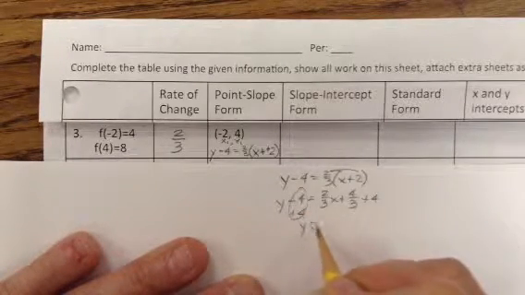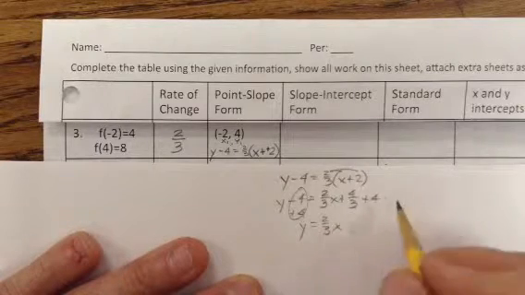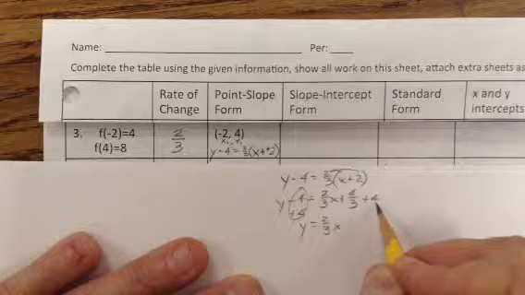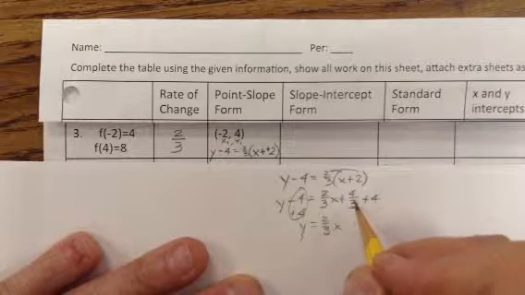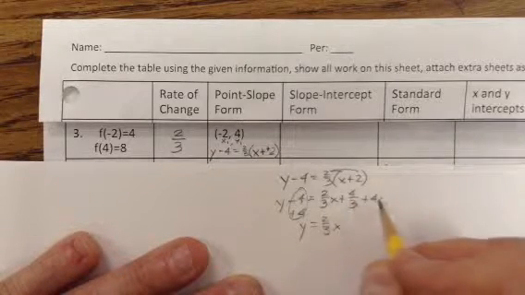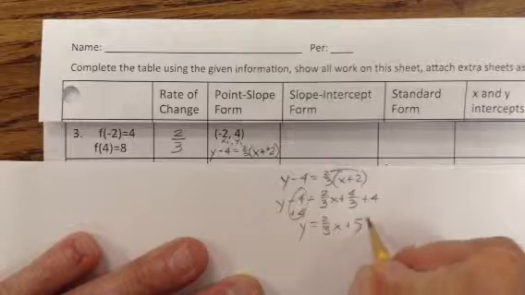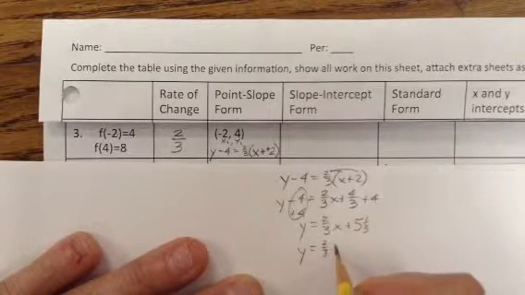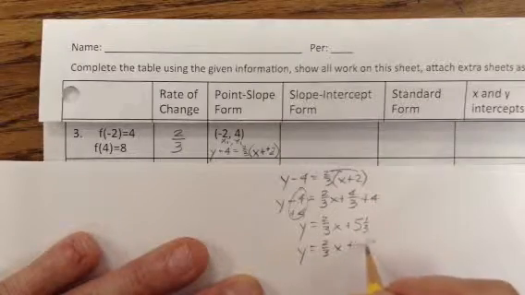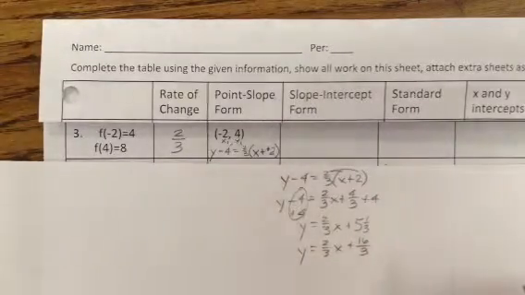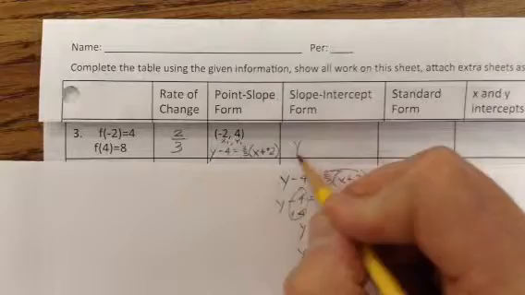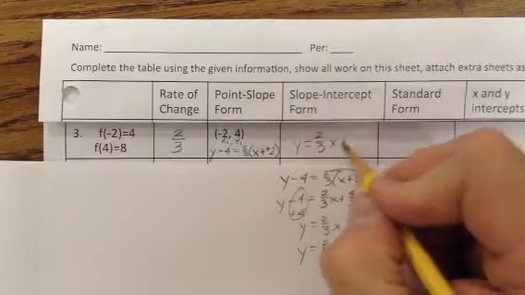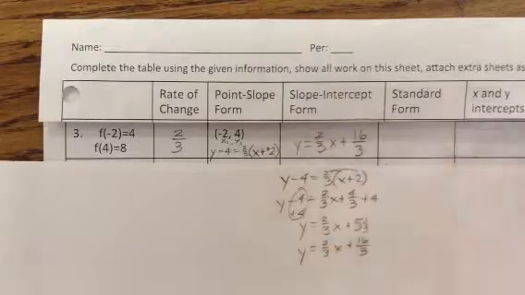It's a 0 pair, y is equal to 2/3 x, and remember 4, this is 1 1/3, so 1 1/3 plus 4 is 5 1/3. And to go improper fractions all the way, that's going to be 16/3. So slope-intercept form is y is equal to 2/3 x plus 16/3.